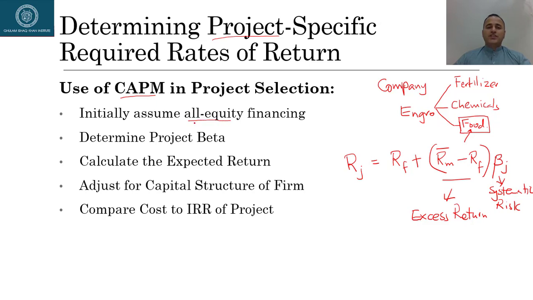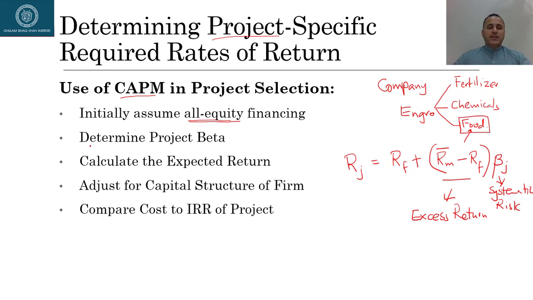This is a big assumption, though we will make some adjustment afterwards. The initial start is that if Engro is considering going into the food business, we assume, what if we finance the whole project with our own equity? So no debt financing.